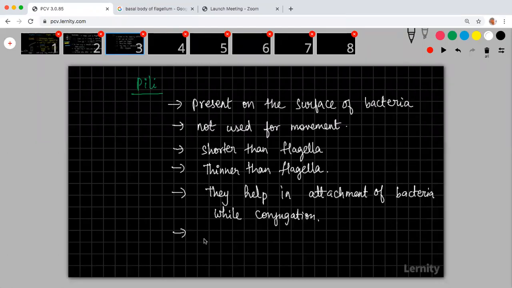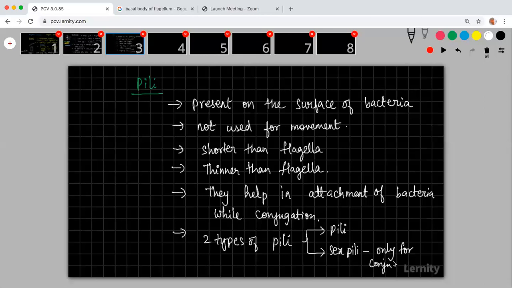Okay. There are two types of pili: the regular pili and sex pili. Sex pili are only for conjugation, and the regular ones are for all other attachments.